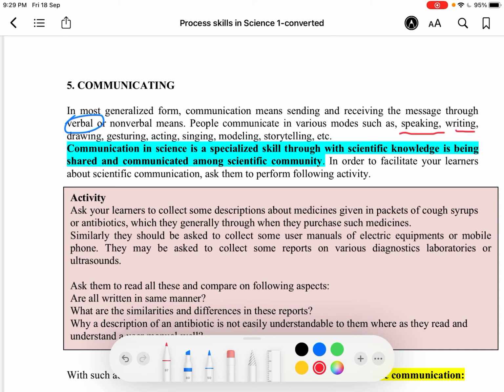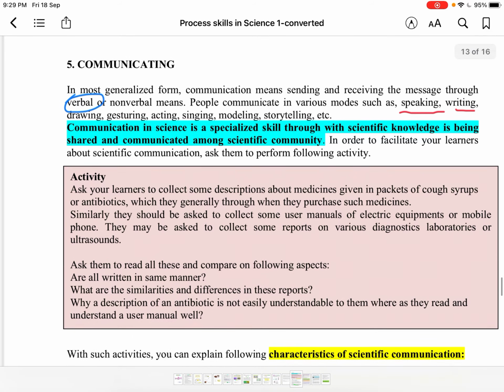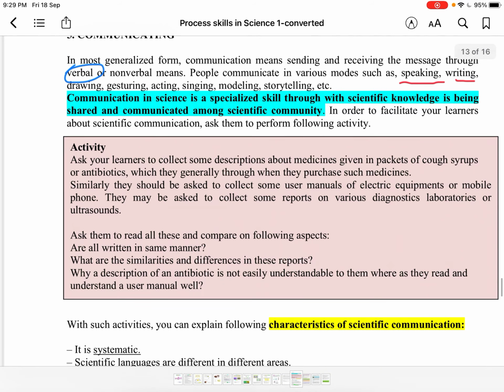So you can do this type of activity like this. How do they communicate, or how do you make them understand about that communication part, and how the communication can be done?